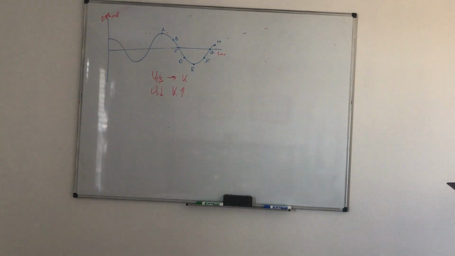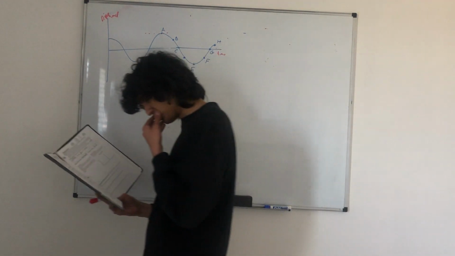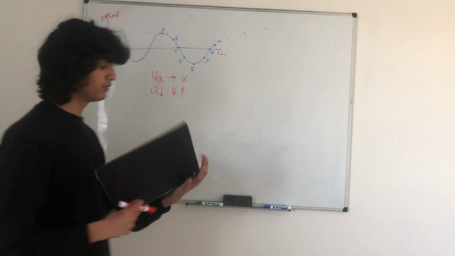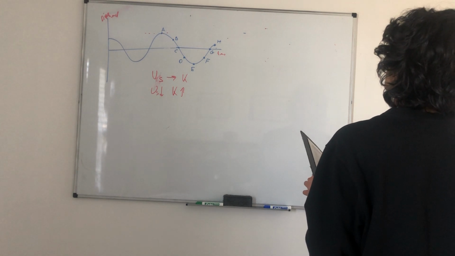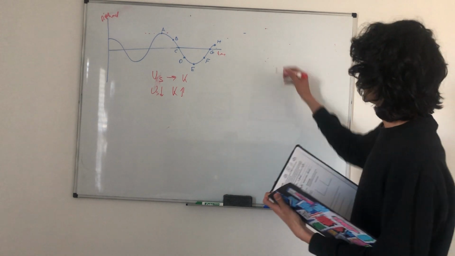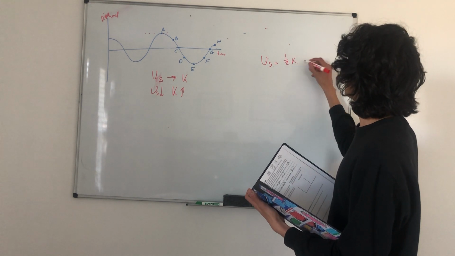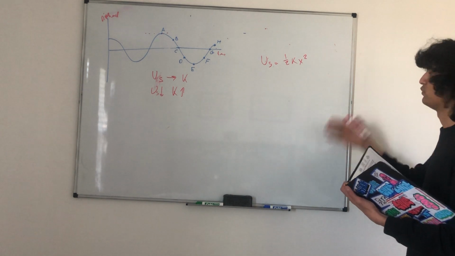Okay, at which point is the spring potential energy negative? It's an interesting question. I would say none of the points. Let's think about it mathematically. U spring equals 1/2 kx squared. The spring constant isn't negative, that doesn't make sense.